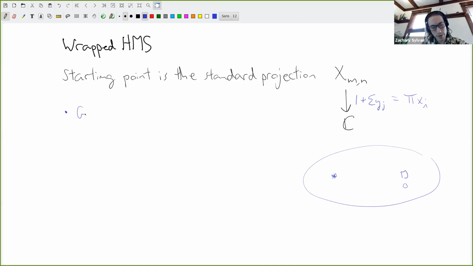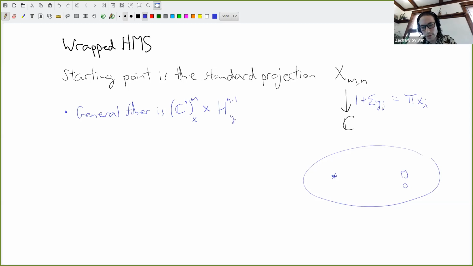So the general fiber is, well, the product of the x's is some non-zero value. So that's a C star to the m. These are from the x's. And then the sum of the y's is some non-zero value, so this is cross H^(n-1).